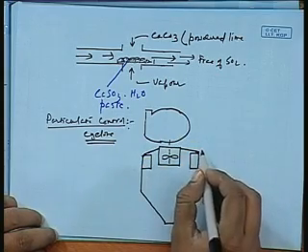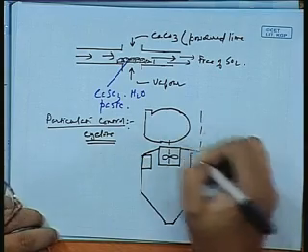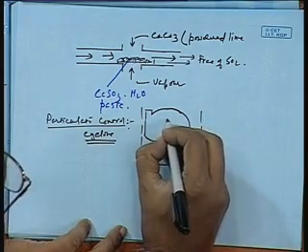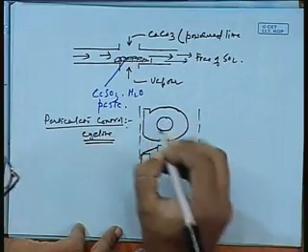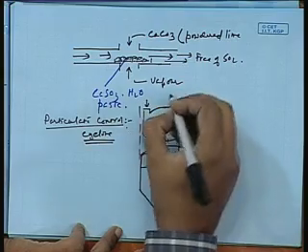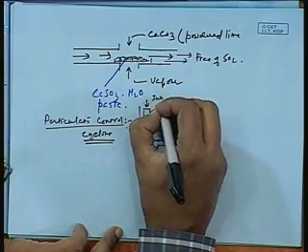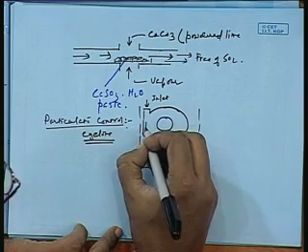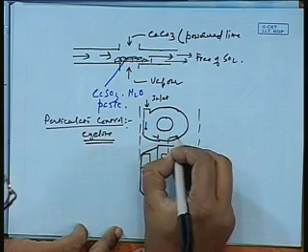Not exactly of this dimension, it should be about this, but nonetheless you can understand here. There are two aspects of it. One is the inlet, and this is how the air would revolve.